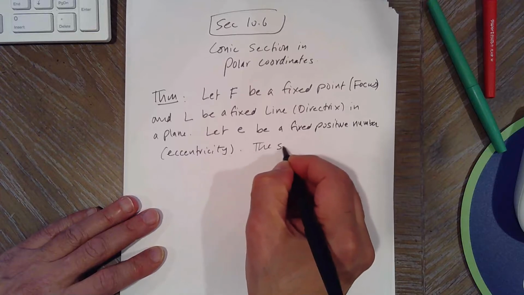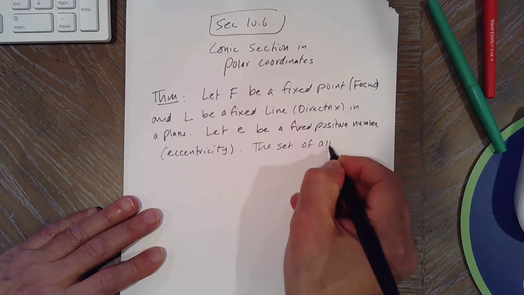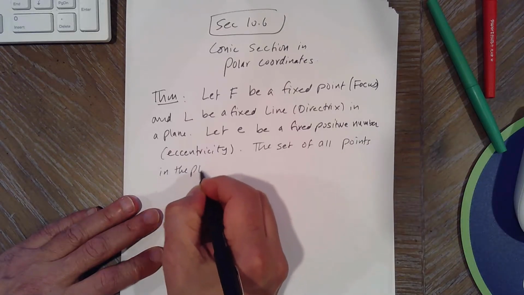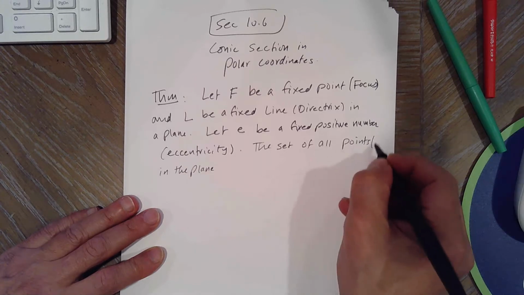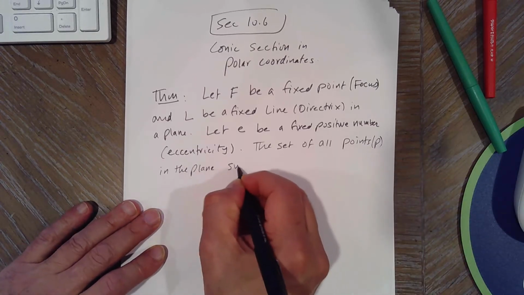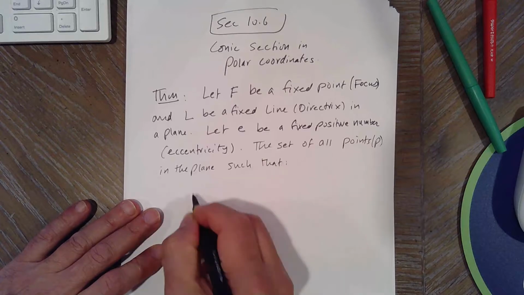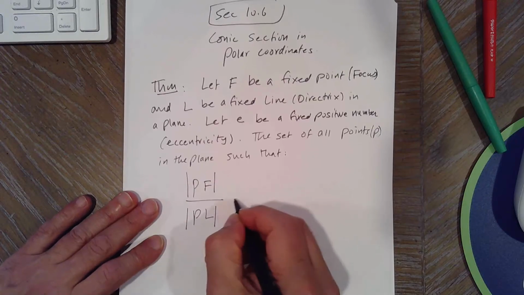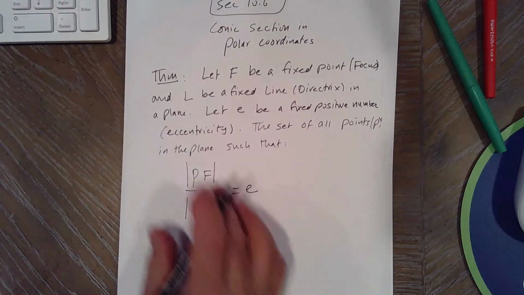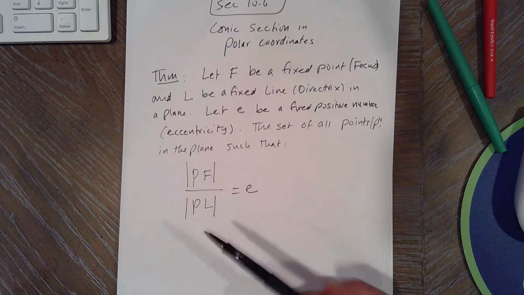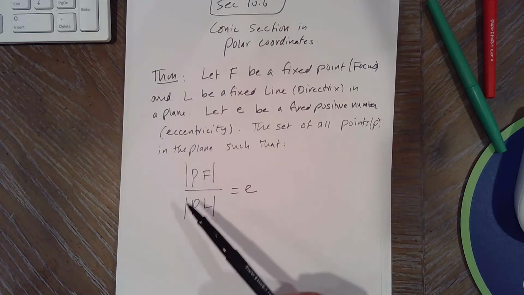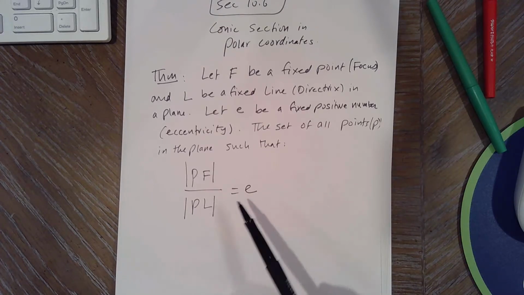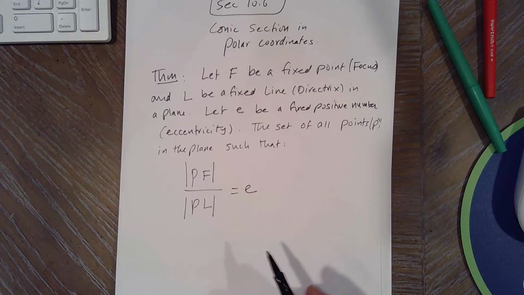The set of all points P in the plane such that the ratio of PF to PL, and since this could be negative, we'll put absolute value, equals E. So you can see we define the ratio of the distance from the point to the focus to the distance from the point to the directrix as a constant, and that constant is the eccentricity.